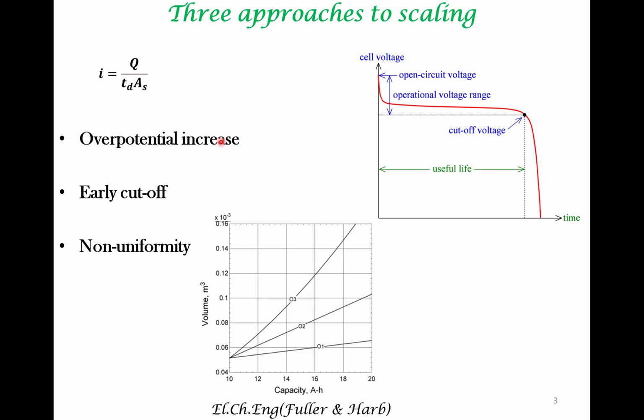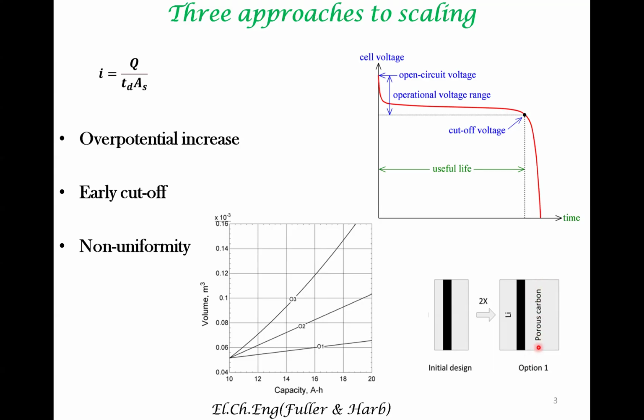There are other issues also. For example, in this option 1, I have increased the thickness without increasing the cross-sectional area. When I do that, it is quite possible that there is going to be non-uniform deposition of the solid products in the porous carbon. So not all sections of the porous carbon will be uniformly deposited and uniformly utilized.